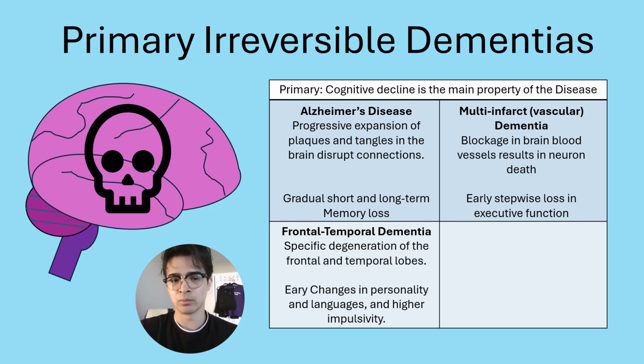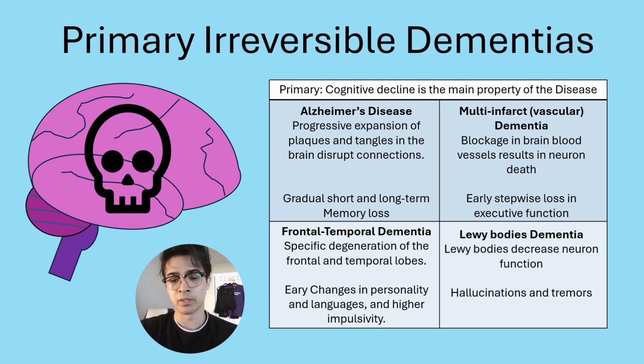And then the final primary irreversible dementia you need to know is Lewy bodies dementia, where Lewy bodies are within a neuron and disrupt its function. The main symptoms of this are hallucinations and tremors, sort of like in Parkinson's, but hallucinations are a big telltale sign of Lewy bodies dementia.